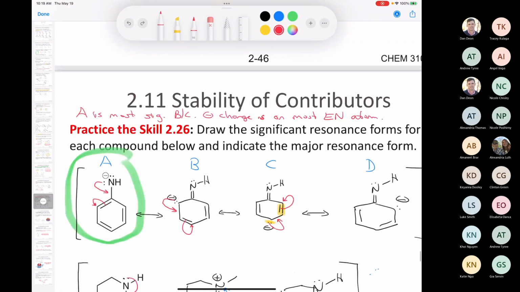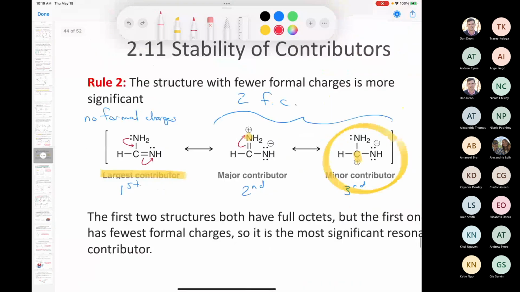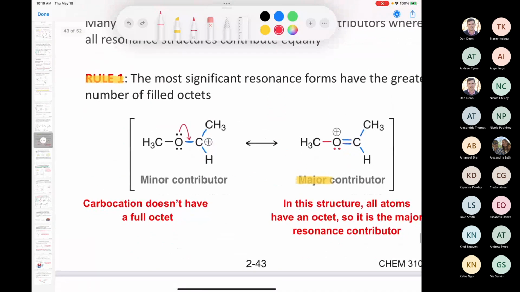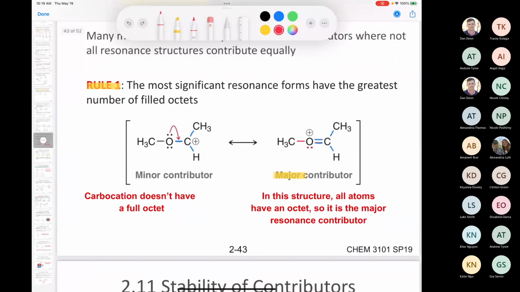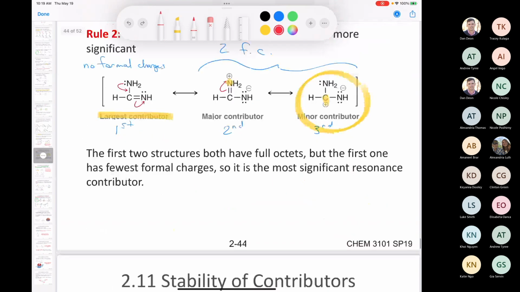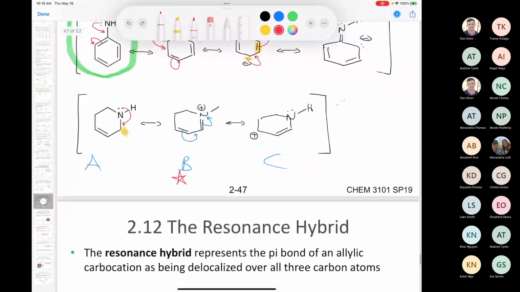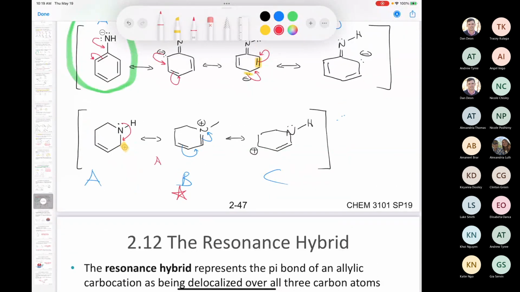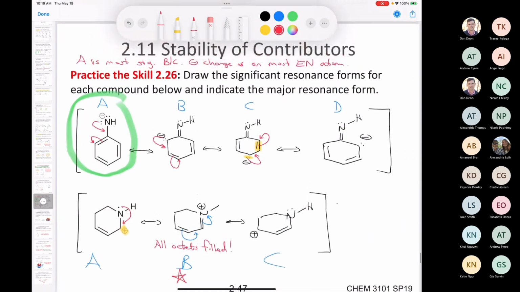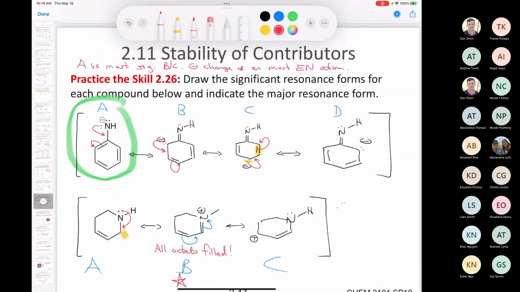Let's go back in the rules here. Rule number 1 was the most significant resonance form has the most number of filled octets. Kiana's got it. Yeah, absolutely. We go back here. We say all octets filled. There we go. All the octets are filled here. And so there you have it. This would be the greatest contributor to the resonance hybrid.